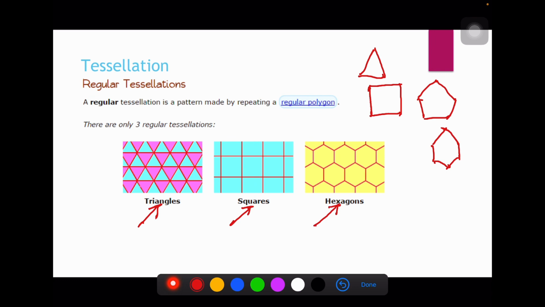The most common ones will be triangles, squares, and hexagons, because if you want to put pentagons together, there will be distorted pentagons that go in, so it's not really a regular tessellation, so we can't use pentagon.